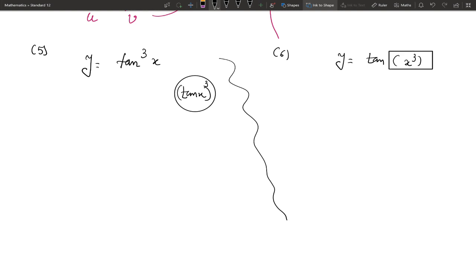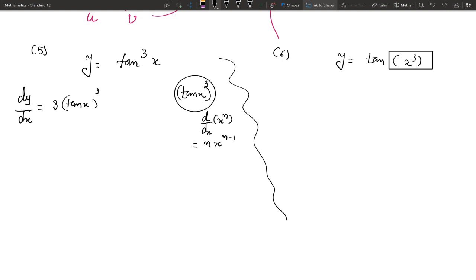So here when we differentiate, first we have to use the formula d by dx of x raised to n, which is n x raised to n minus 1.